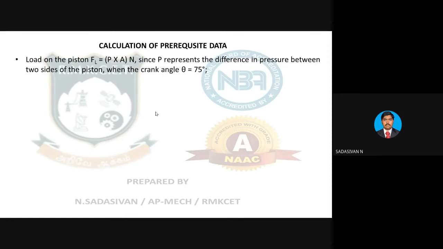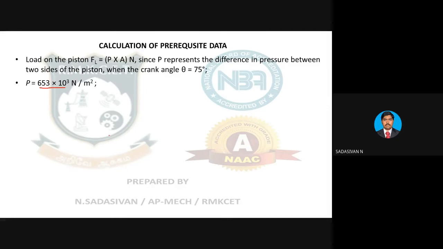Since the connecting rod area is not mentioned here, if it were mentioned, what would you have to do? P1 A1 minus P2 (A1 minus a). That small a is not given here. So the general formula is P1 minus P2 into A. P1 A1 minus P2 A2, A1 equal to A2, therefore (P1 minus P2) into A. So FL equal to pressure into area, where pressure is the effective pressure, P1 minus P2, which is 681 minus 28, 653.